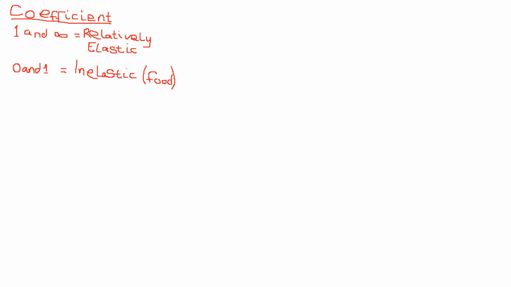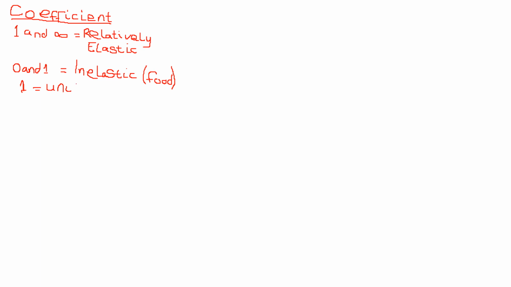And then if we calculate our coefficient and we get the value of 1, then it means this is unitary. It is faced with what is called unitary elasticity or unit elasticity.